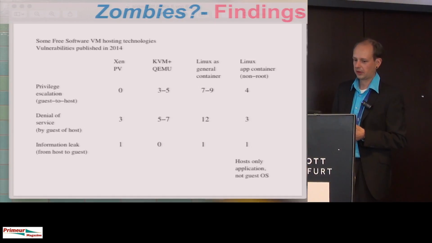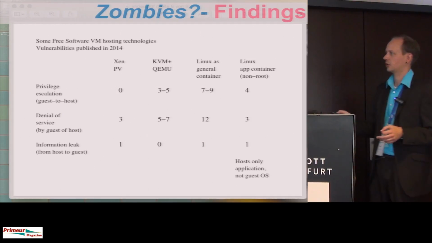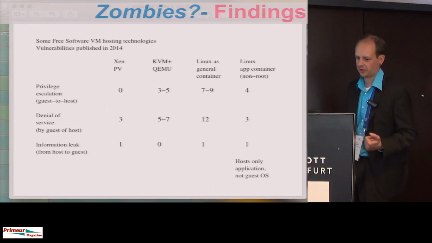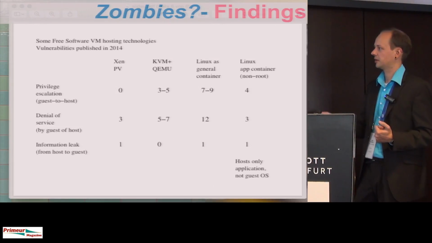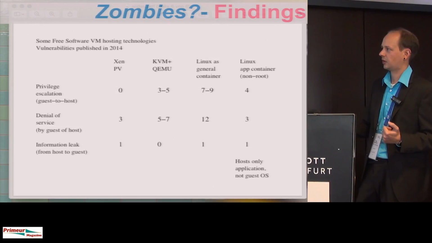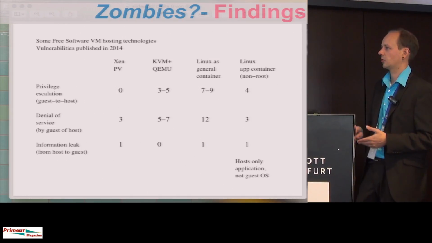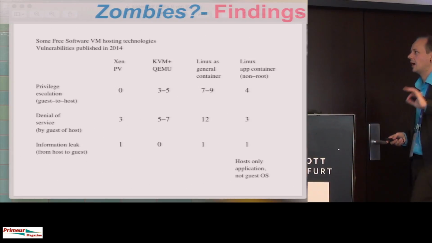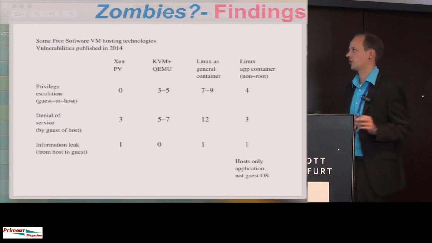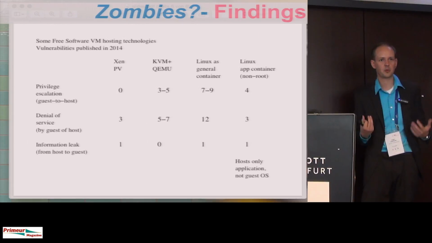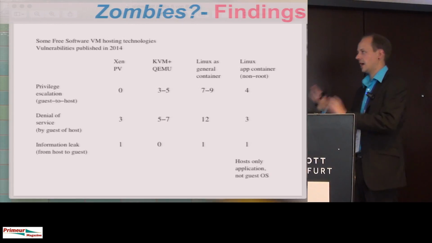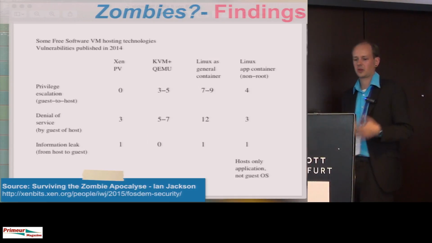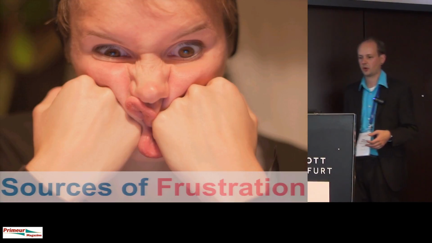The point is, when you use containers as application containers, where the user has no access as root or something, the vulnerabilities go down to about the same level as KVM, which is considered more or less secure. So if you have the possibility to not use containers as a one-to-one replacement for virtual machines, it's pretty okay to use them.